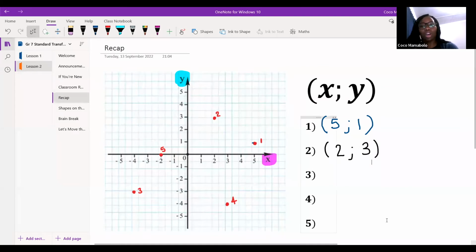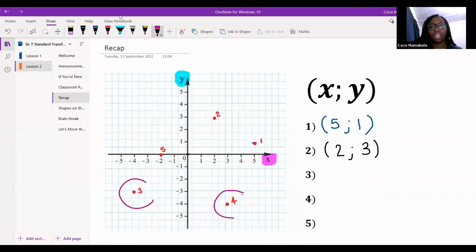All right, guys. I want us to try numbers 3, 4, and 5. For those of you who can't see this, over here is number 3, number 4, number 5. Try 3, 4, and 5.